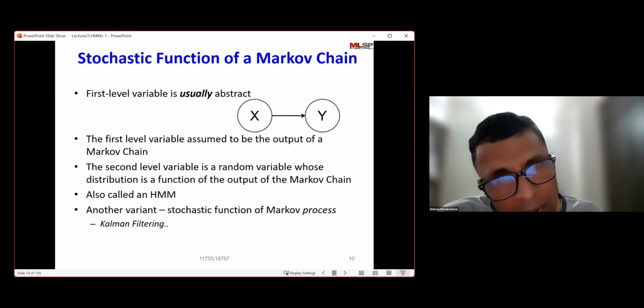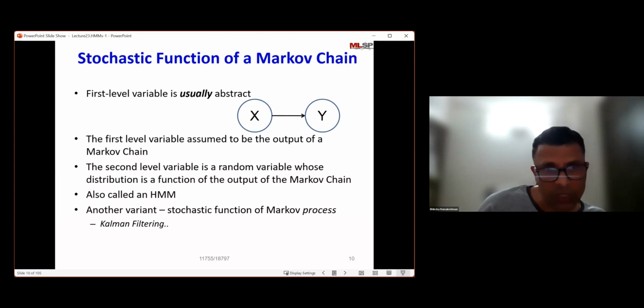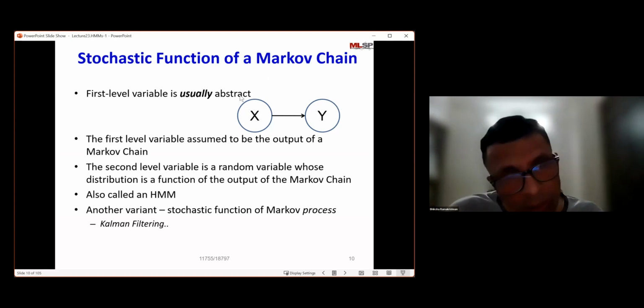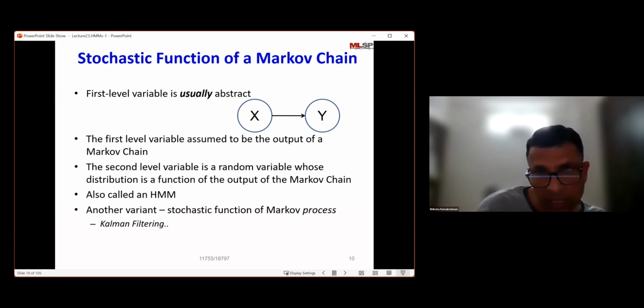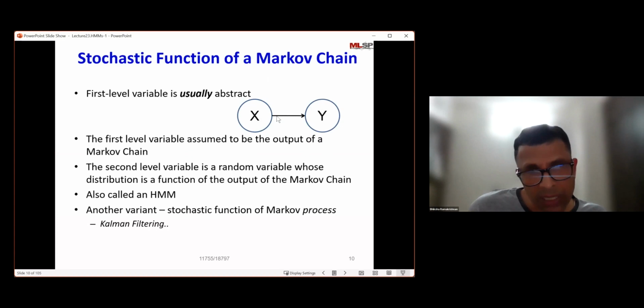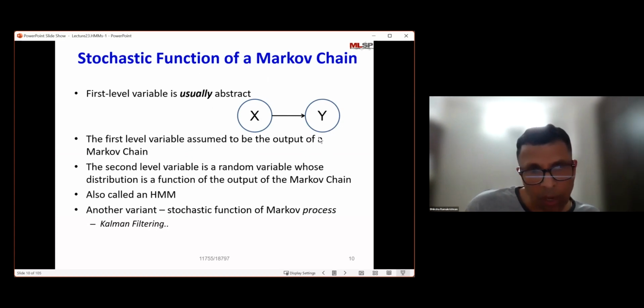And a stochastic function of a Markov chain is one where you have a second level random variable, which is a function of the first level variable. The first level variable is assumed to be the output of a Markov chain. So this is the state of the Markov chain. And the second level variable is a probability distribution whose parameters depend on the state. So this entire model is called a hidden Markov model because the underlying process is Markov.